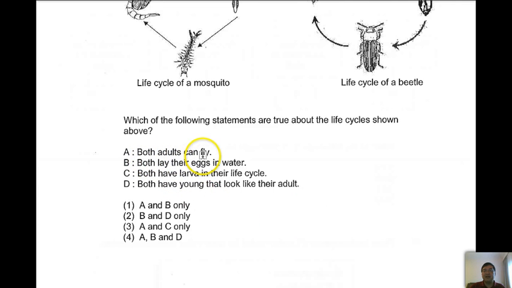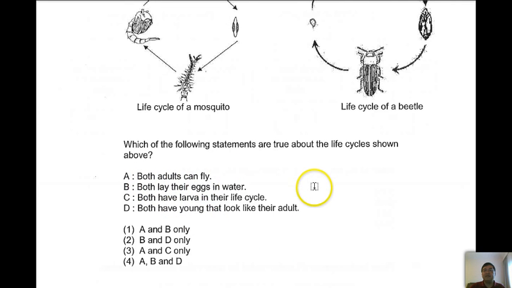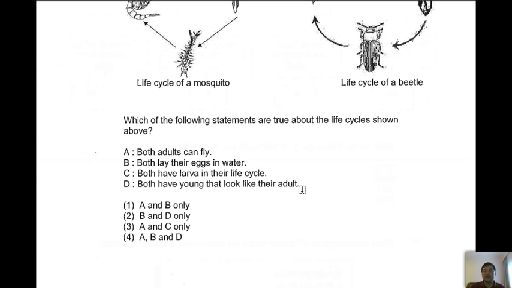Both adults can fly. Agree? If agree, this is very true. And if your answer has A, it means that is a choice. This is true, this is true, this is true. So your answer can be 1, 3, and 4, and I'm very sure that 2 is not there because it hasn't got A.